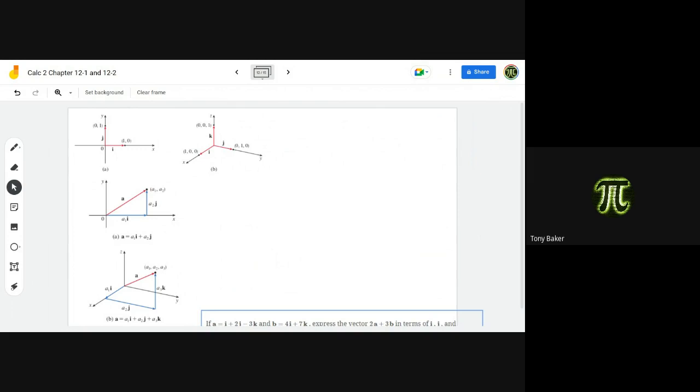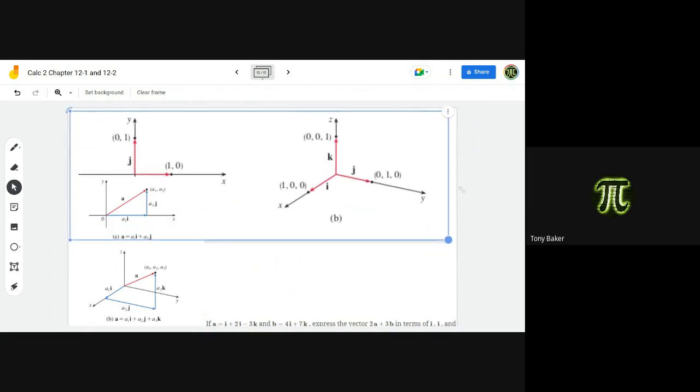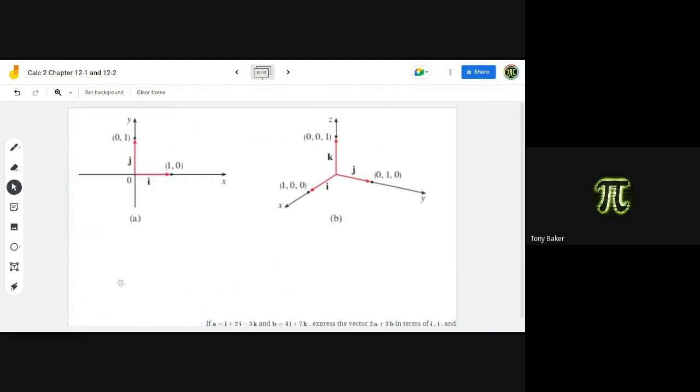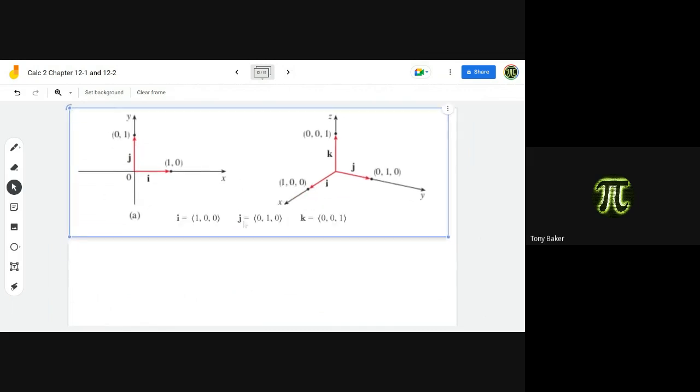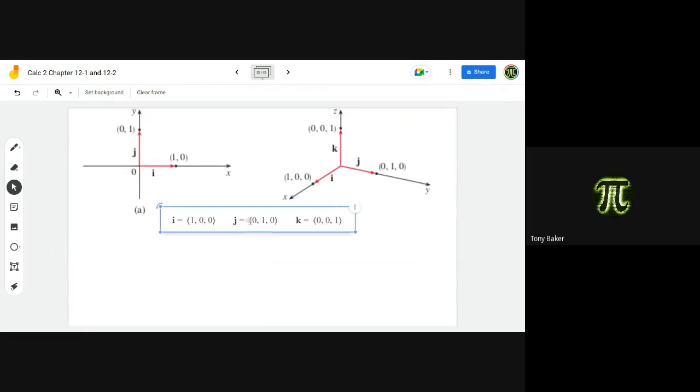You are going to see this done another way. Let me do that one. Because we can write vectors as addition things, we have 3 special vectors.